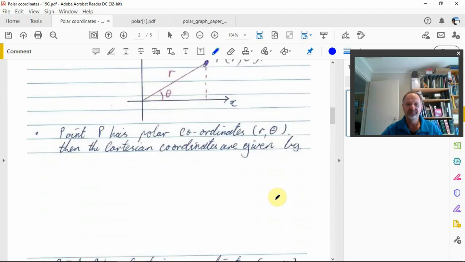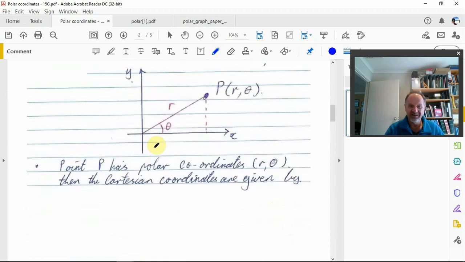All right, so point P here has polar coordinates r, theta, and its Cartesian coordinates would be given by the following. If we're looking at the triangle I've got already, this side here is adjacent to theta, so its length would be r cos theta, and this side over here is opposite to theta, so that one would be r sine theta.